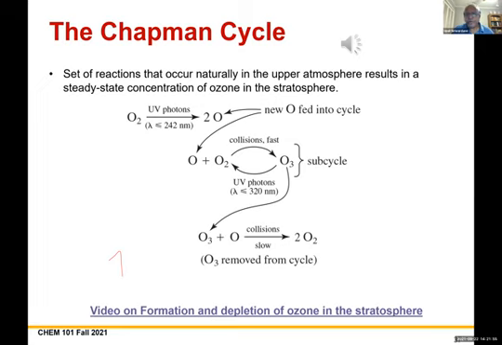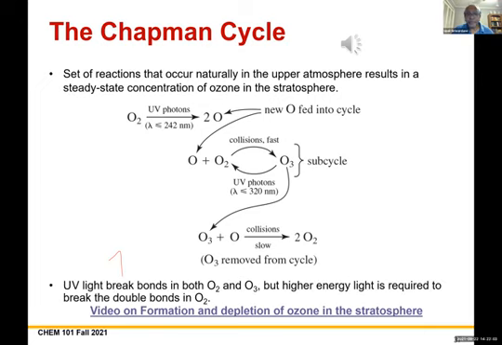Therefore, very important, the Chapman cycle maintains the ozone levels in the upper atmosphere, in the stratosphere. UV light breaks the bond in both oxygen and ozone, but higher energy light is required to break the bond in oxygen than in ozone. UVC is the one that breaks oxygen into atomic oxygen.